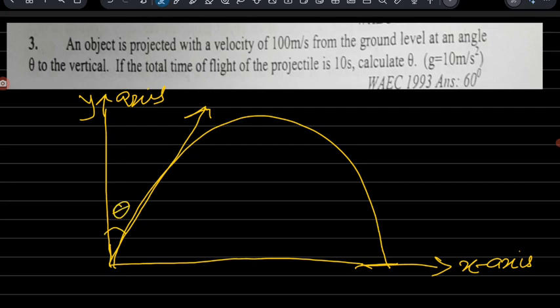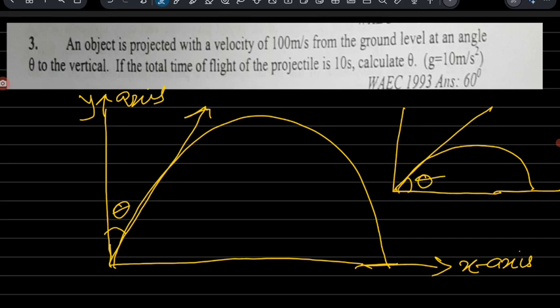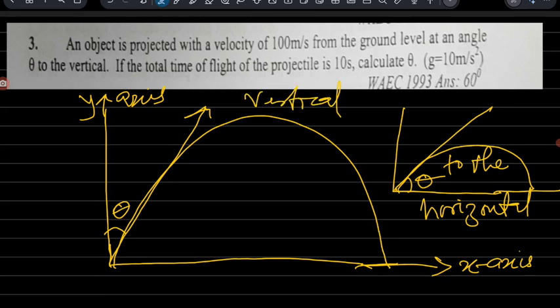There are some certain statements you need to consider in projectile motion. If we move like this, there's an angle like this, we call it to the horizontal, but this is to the vertical. If it is to the vertical, something will change from here.